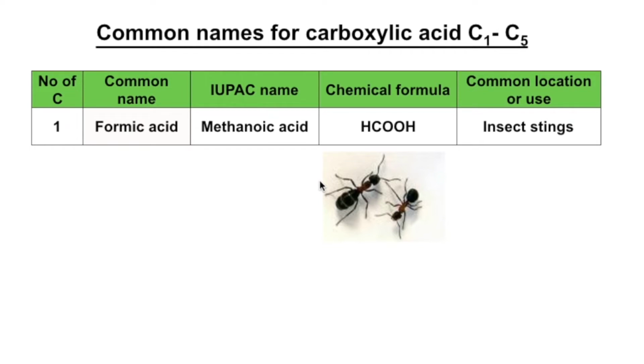Formic acid is most synonymous with the pain we feel when we are bitten or stung by an insect. For instance, when we are bitten by ants, the pain we feel is actually from a chemical released, and the chemical is actually formic acid.